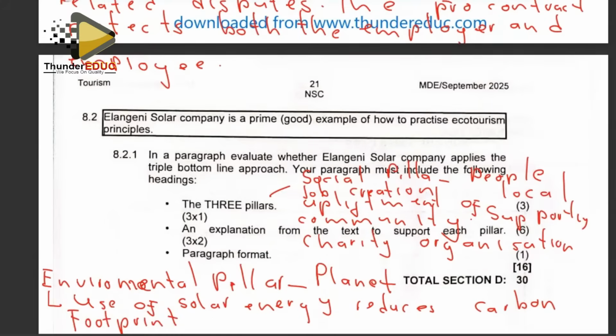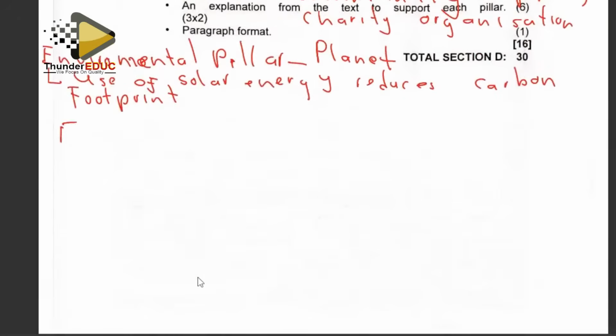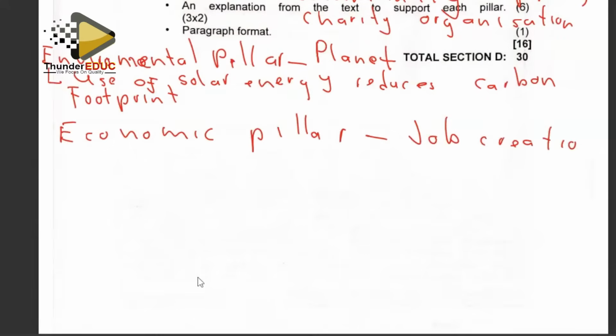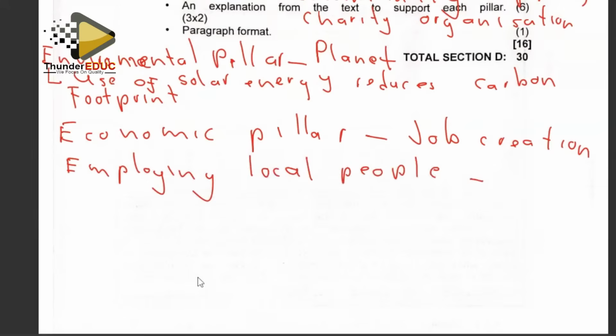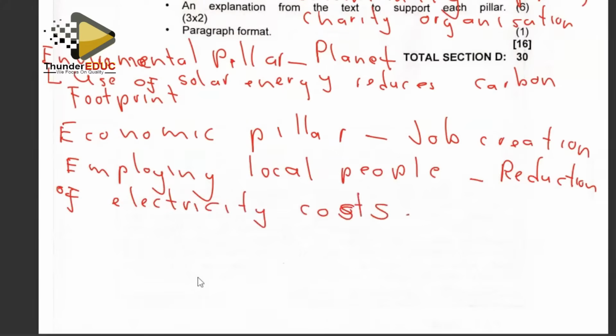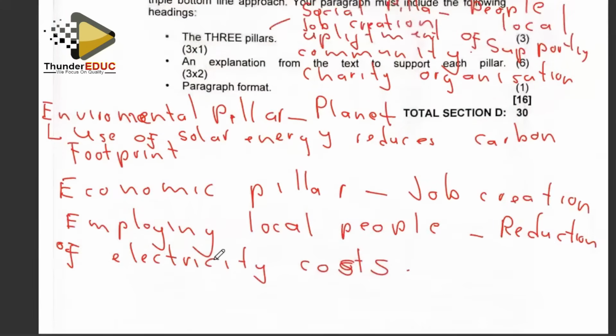Then the economic pillar: job creation, then employing local people, then reduction of electricity costs. So all those are the three pillars.